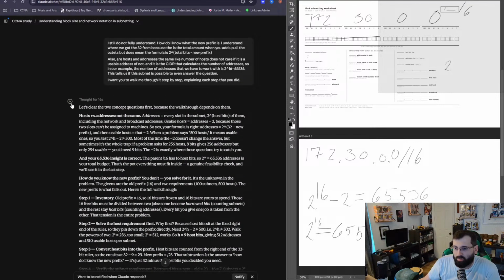All right, here we go. What do we got? New prefix. Let's clear the two concept questions first, because the walkthrough depends on them. Yes, it does. Thank you. Hosts versus addresses. Not the same. Of course not. Addresses equal every slot in the subnet, 2 to the power of host bits of them, including the network and broadcast addresses. Okay, 2 to the power of host bits.